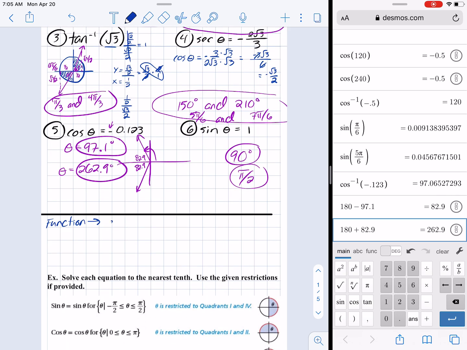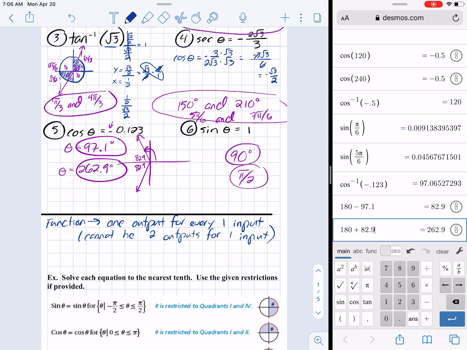Remember, a function is when there is one output for every one input. Okay. There cannot be two outputs for one single input. That's not our definition of a function.